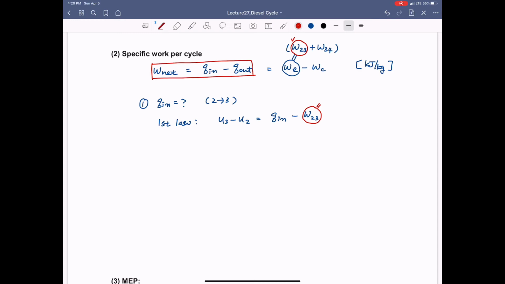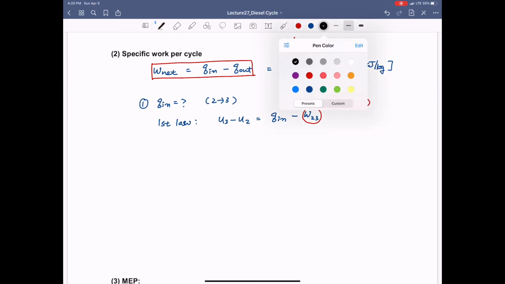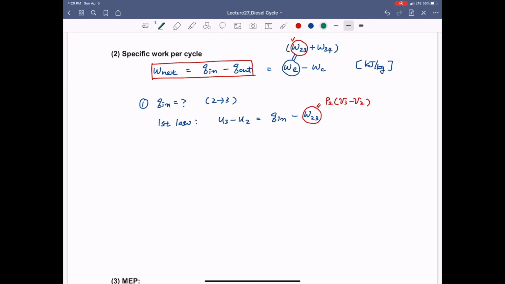Since this is a constant pressure process, we have P2 times V3 minus V2.